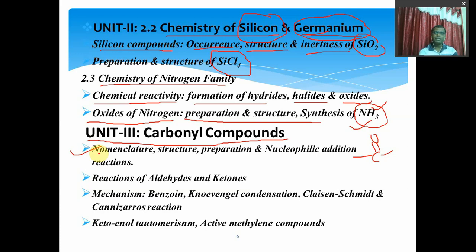As the carbon is electron deficient, it will react with the nucleophile, so the characteristic reaction of carbonyl compounds will be nucleophilic addition reaction.